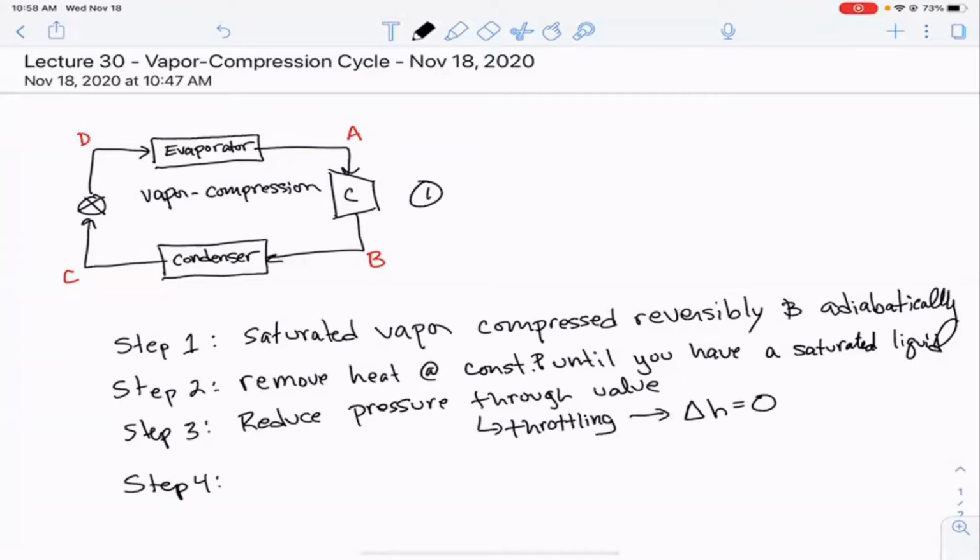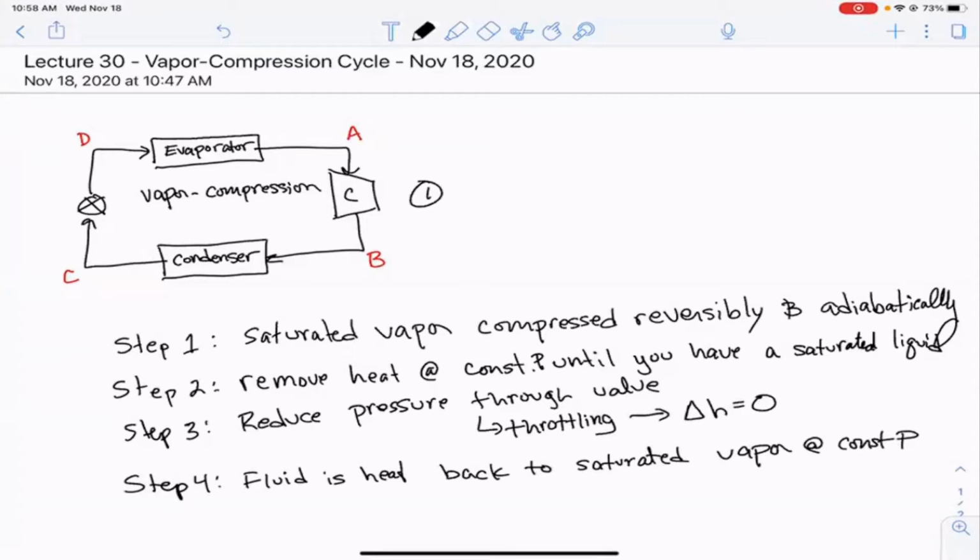And then step 4 is that the fluid is heated back to saturated vapor at constant pressure.